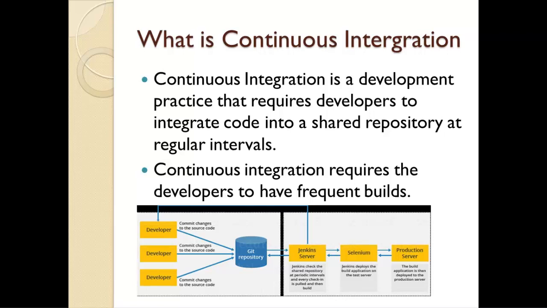Once everything reaches the Git repository, from there it will move on to the Jenkins server. From the Jenkins server, if a test is required, it will go for a Selenium test or any other required test. Then it will move on to the production server. If the Jenkins server has completed the build, at periodic intervals the call goes back to the developer, notifying what build has been done.